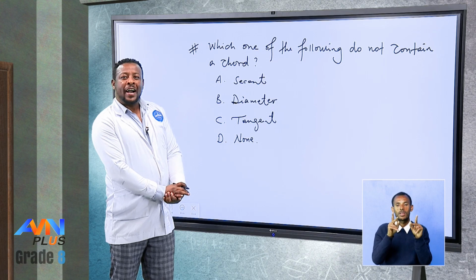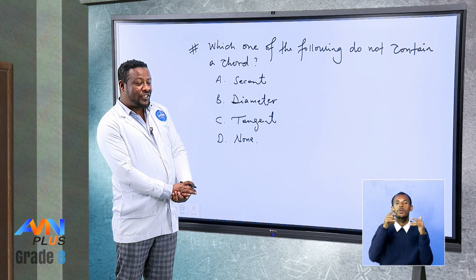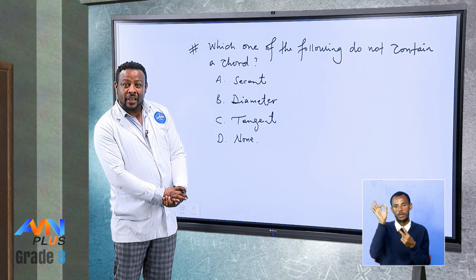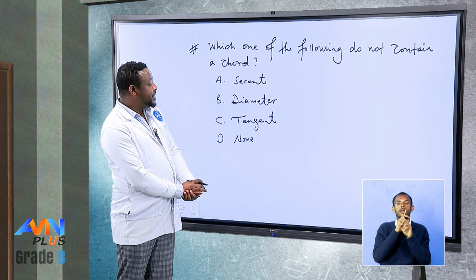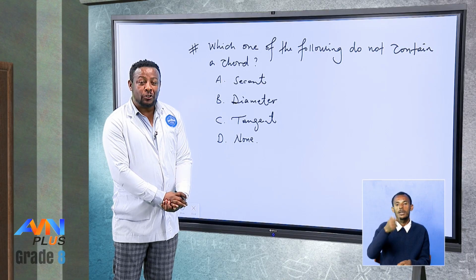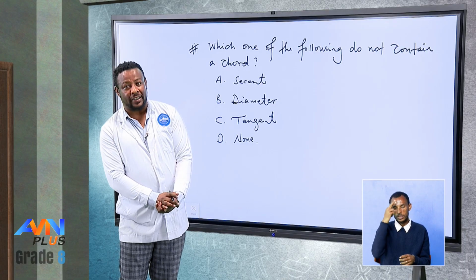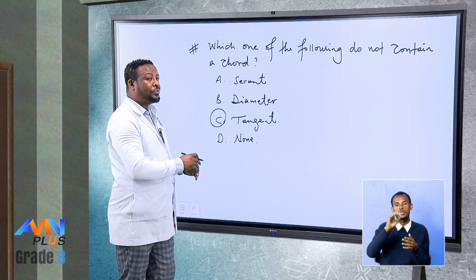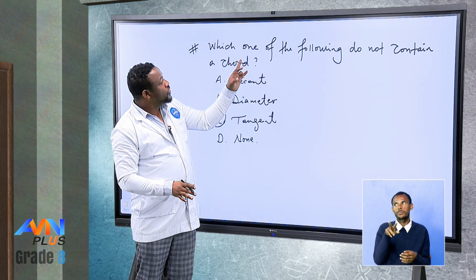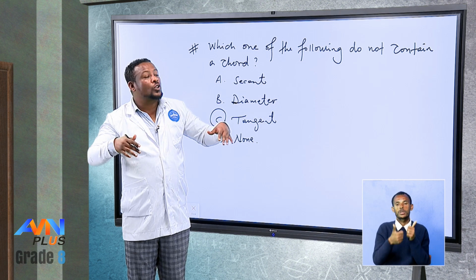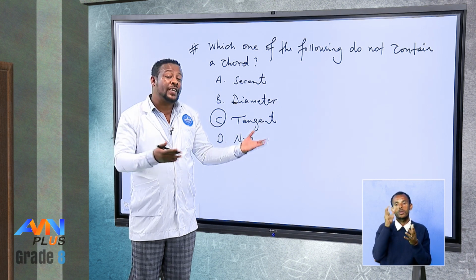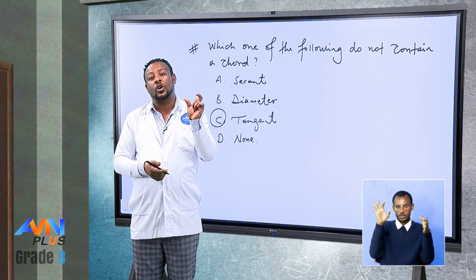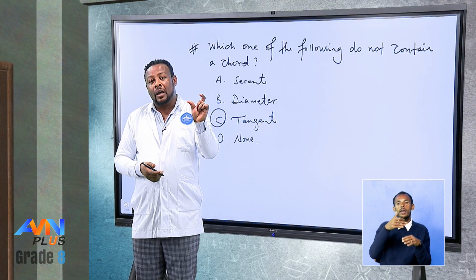Okay, I hope you guessed one of these four choices. Hopefully your answer is tangent, but you need to know the reasoning behind it. Our answer for this question is C. Look, the question says which one of the following do not contain a chord. As we have said before, a chord is a line segment joining 2 points on a circle, right?